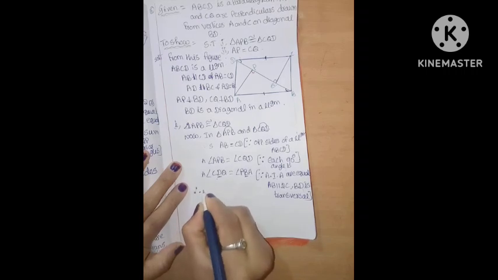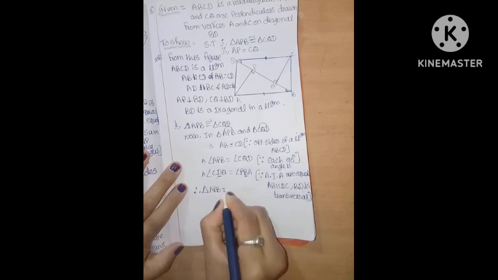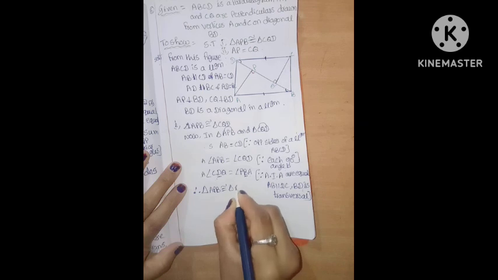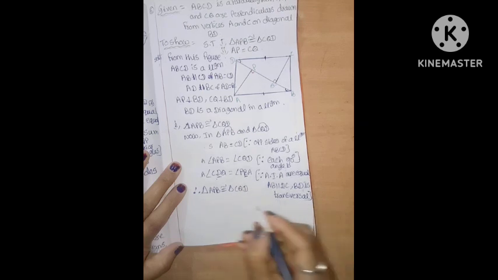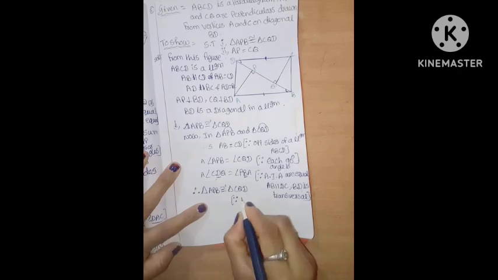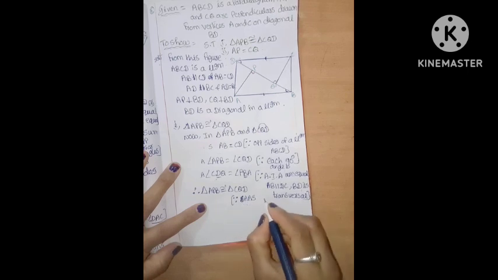Therefore triangle APB is congruent to triangle CQD. Why are these two congruent? Since we are using the AAS congruence rule.